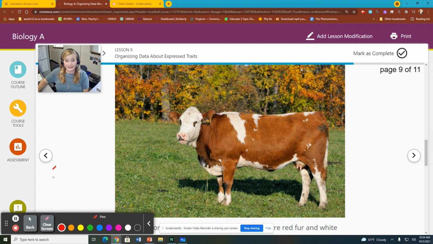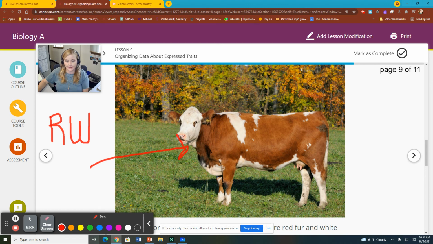First of all, we don't write it the same way. We write it as big R, big W, because the capital tells us they're dominant. And remember, we always choose the letter of the dominant trait. Well, they're both dominant, so we have two different letters this time. And since they're equally dominant, they express themselves equally as well. The result is a cow with both red and white fur, a combination.